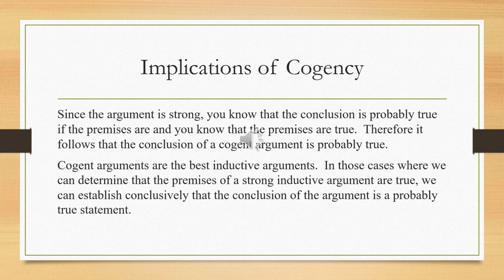Strength is a conceptual test. Would the premises support the conclusion? Cogency adds the idea of truth, so it requires of us that we actually have factual knowledge. And this is where determining whether an argument is cogent is more complicated than determining whether or not it's strong.